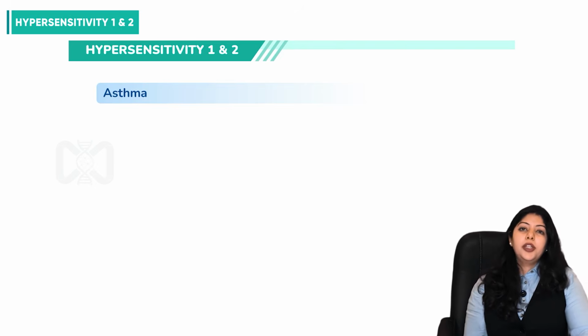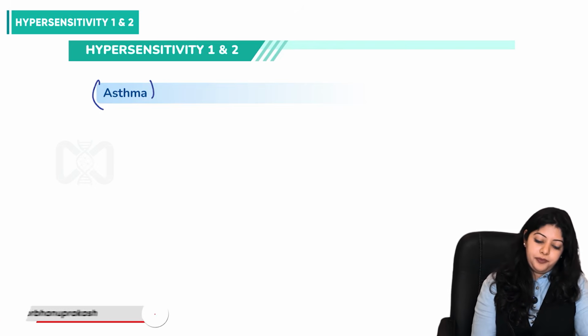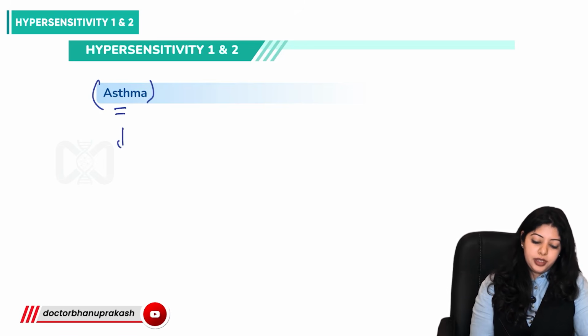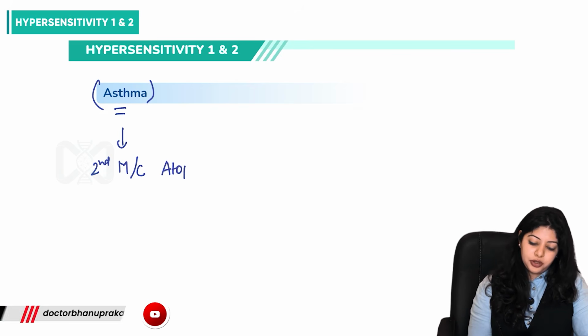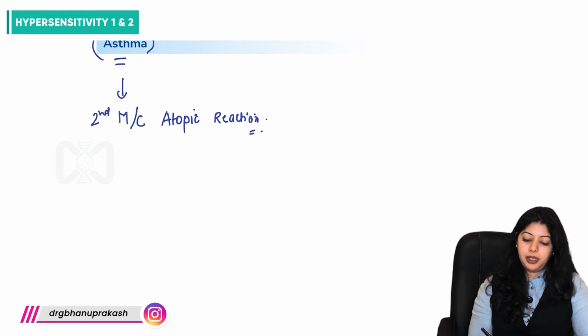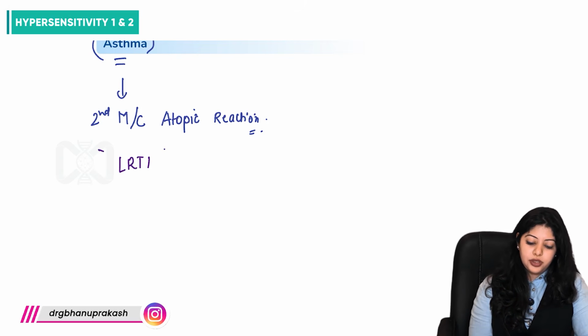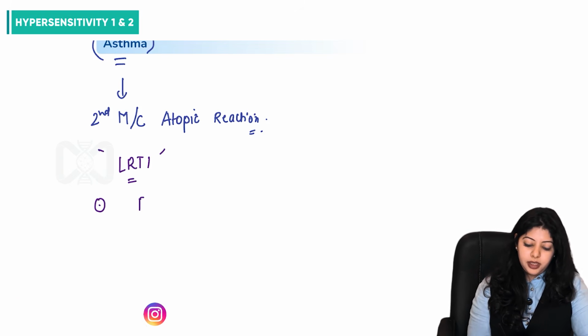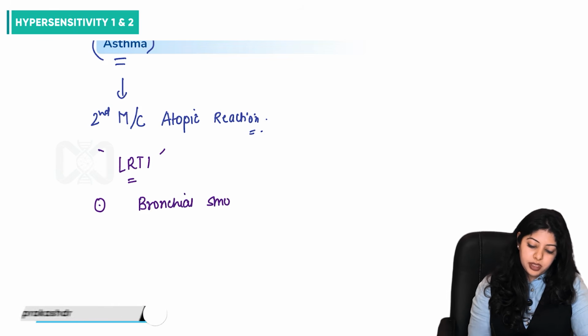Hay fever. So what happens in asthma? It is the second most common atopic reaction. So what exactly is happening in asthma? It is the lower respiratory tract which is getting involved, right? There's going to be bronchial smooth muscle contraction.